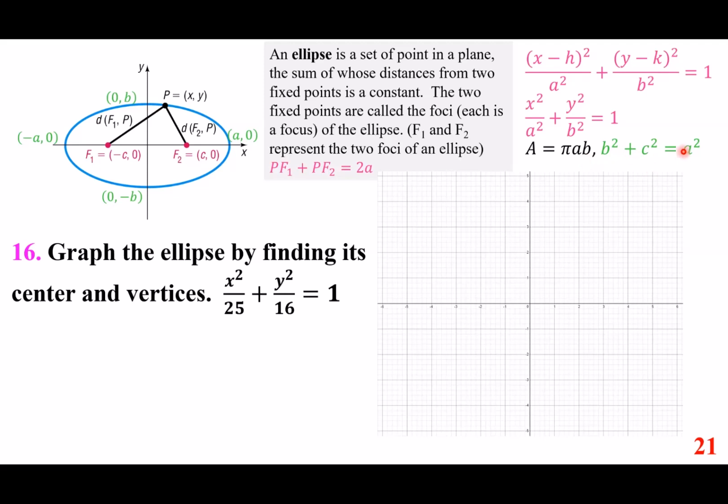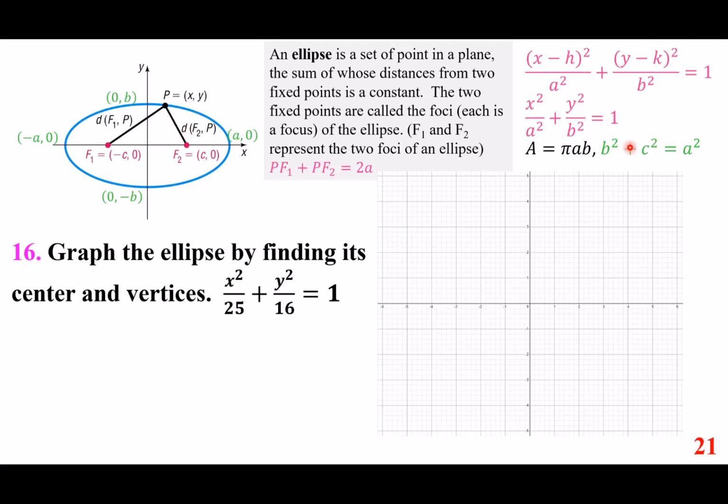Now, B squared plus C squared equals A squared. In this case, elongated along the x-axis, A is larger than B. May not always be the case. But A, B, C follow the Pythagorean theorem. In this case, C is the focal distance, and it's definitely smaller than one of those two at least.